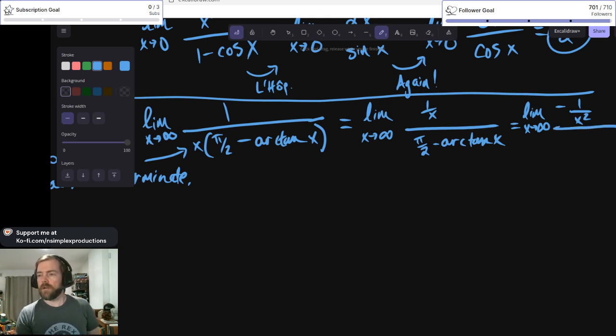And the denominator is going to become negative 1 over 1 minus 1 plus x squared. Ooh, it's been a while. 1 plus x squared. Yep.